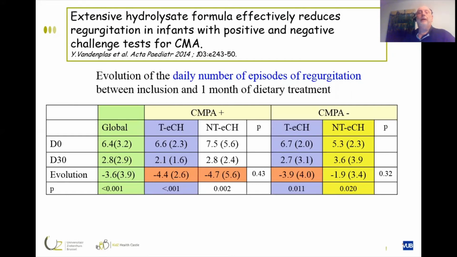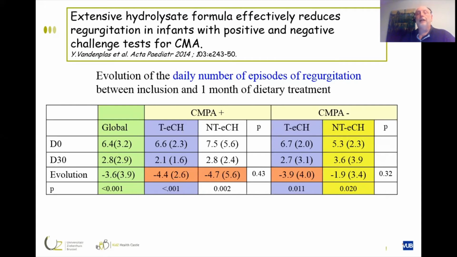Now, what's the impact on reflux in cow's milk allergy of thickened formula or extensive hydrolysate? We tried to look at this in infants suspected of cow's milk allergy who were vomiting a lot. We evaluated those infants using a score, and all those infants had a challenge test.